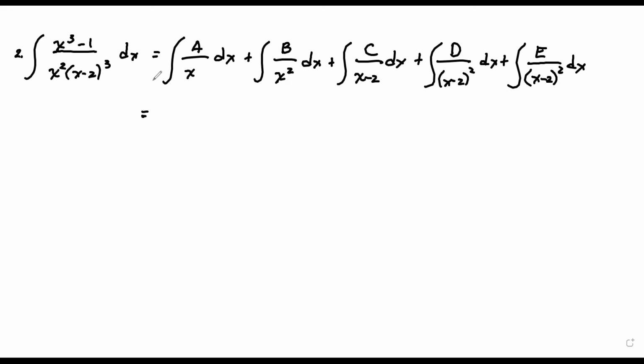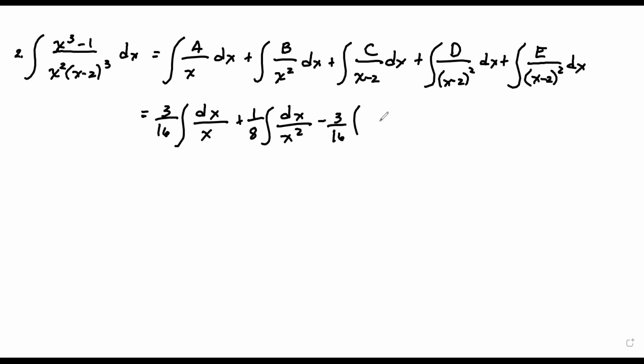And earlier, what value did we get for a? 3 over 16. So we'll have 3 over 16 integral of dx over x. For b, 1/8, plus 1/8 dx over x squared. Then for c, negative 3 over 16 dx over x minus 2.